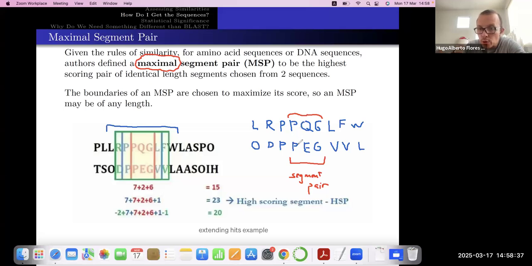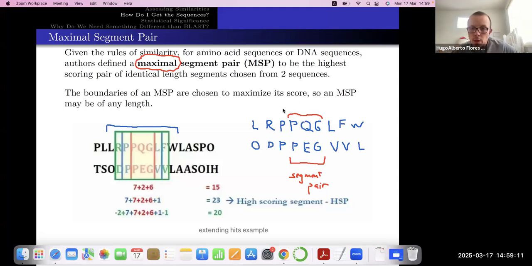When you compare it with the other sequence, you can find this PEG that is very similar. How do we know it is very similar, or how do we determine this? It is based on our score. If you remember from the last video, I showed you a matrix with some values. It is the moment you get these values in common that you start adding values to the score.